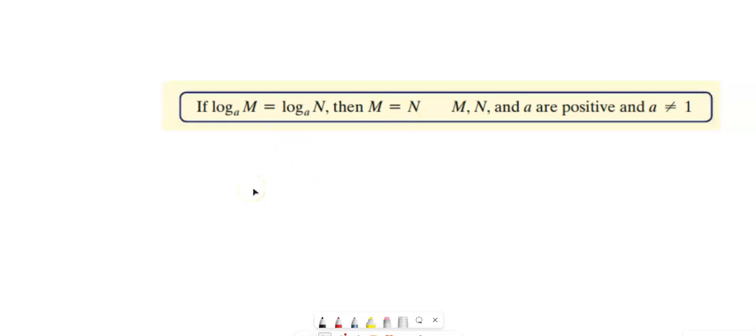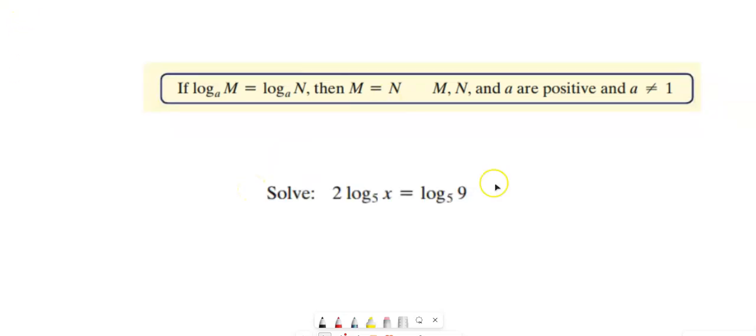All right, let's take a look at an example of this. Here it says solve 2 log base 5 of x is equal to log base 5 of 9. Now we're almost there where we can use this rule above, except we have a factor out front, the 2.